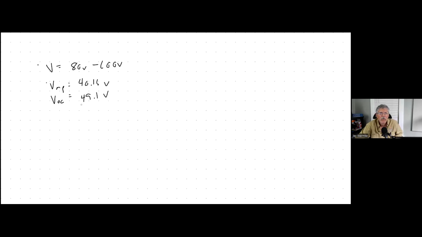And now I need to know what is the temperature coefficient. And there it is. So the temperature coefficient at VOC is 0.29% per degree Celsius.